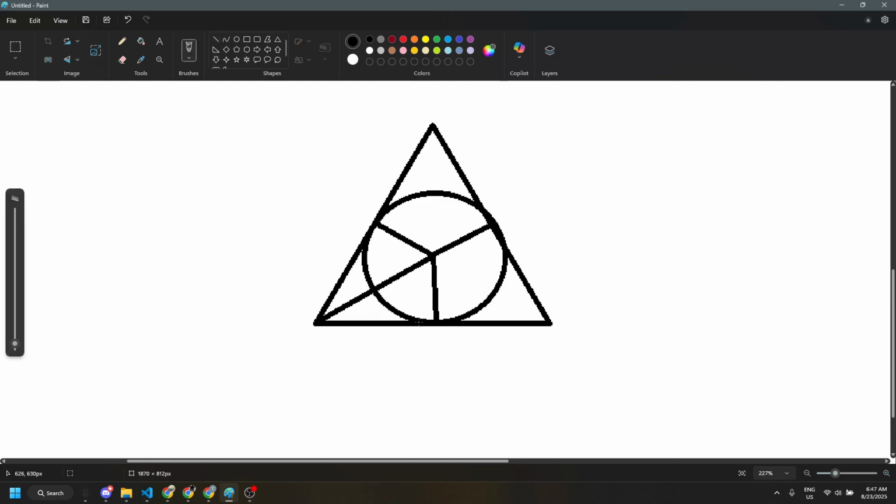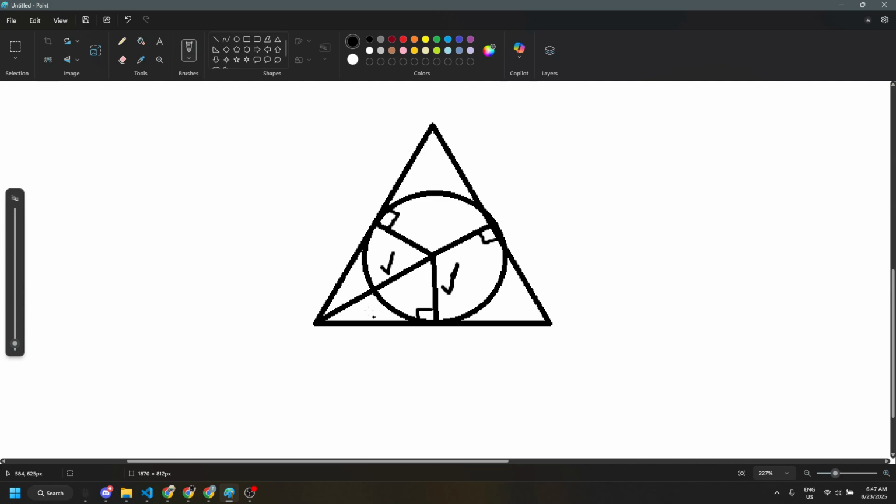Oh, we know that this is a right angle. This is a right angle. And this is a right angle. So maybe this helps us? Again, we know this, this.